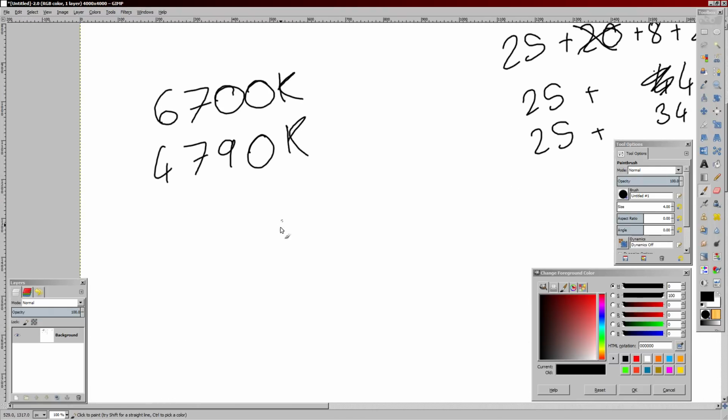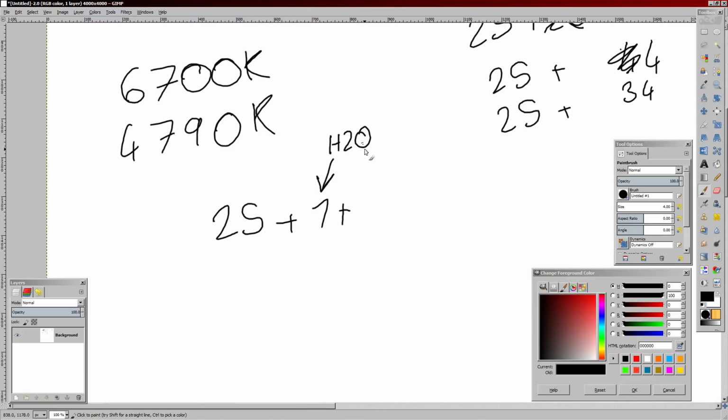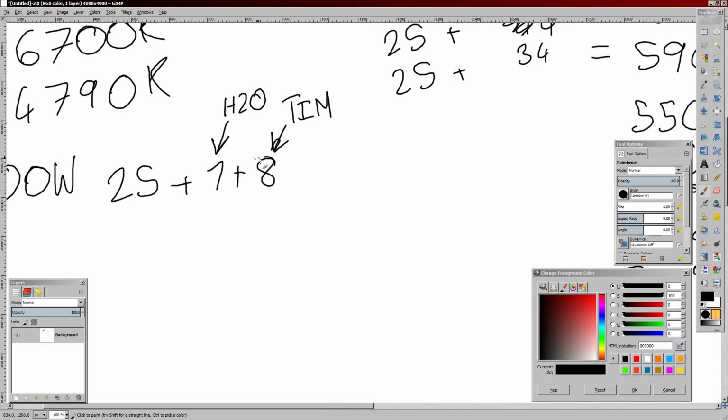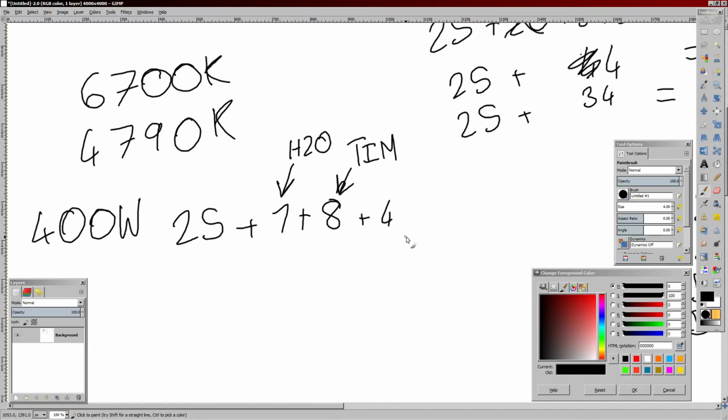So we're going to go 25 ambient, plus 1, because that's the H2O. Then we're going to go plus 8 for the thermal paste, because we've not upgraded that. And that's at 400 watts, right? And we're going to go plus 4 for the IHS, because the IHS is 100 watts per degree centigrade.